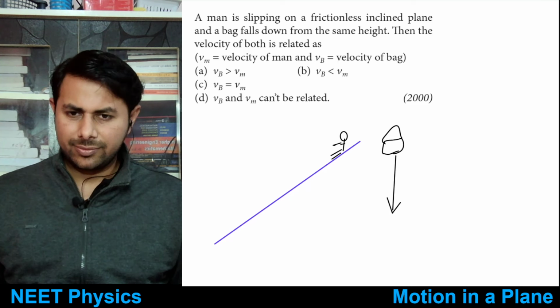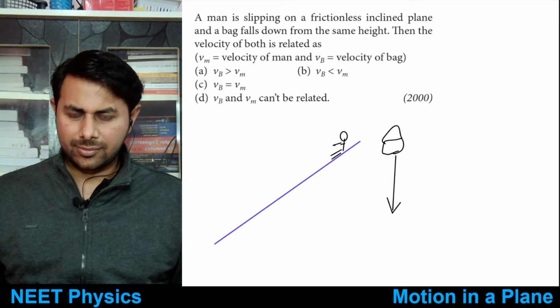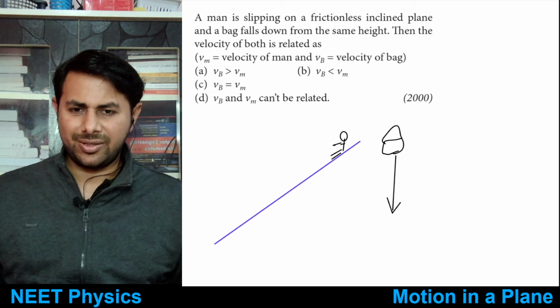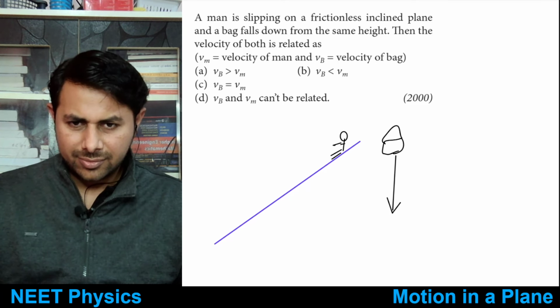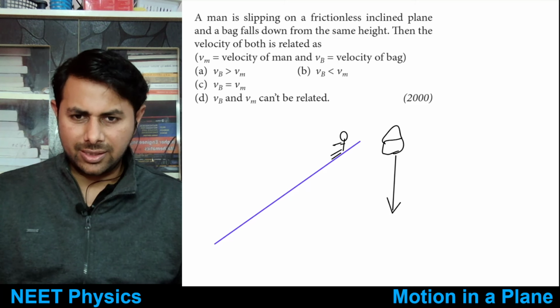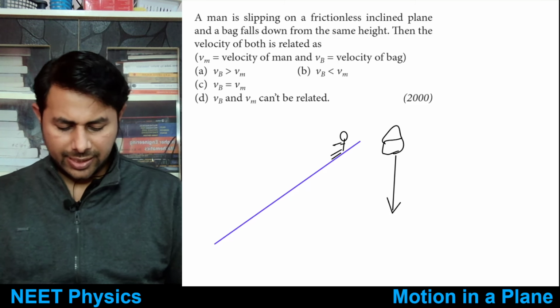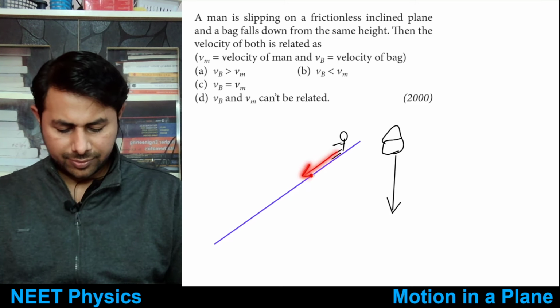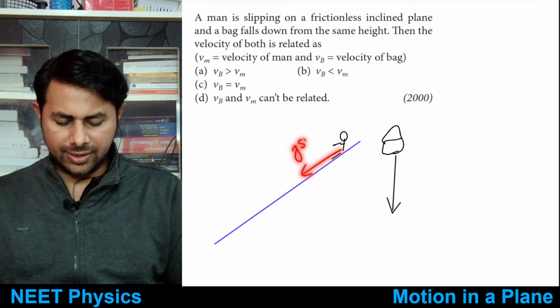Why is it so? It's a frictionless plane. G cos theta is less than G. Yeah, that is true. G cos theta is less than G. But his acceleration along the plane would be equal to G sin theta.